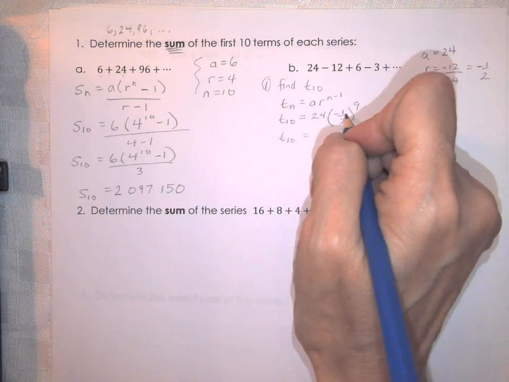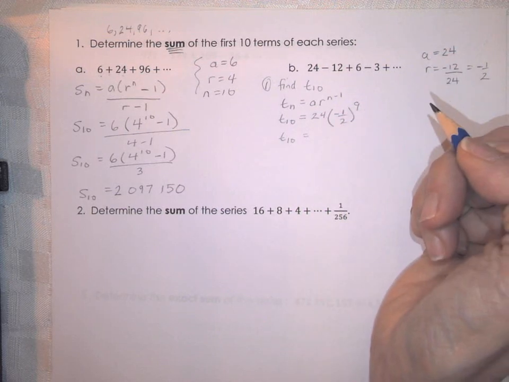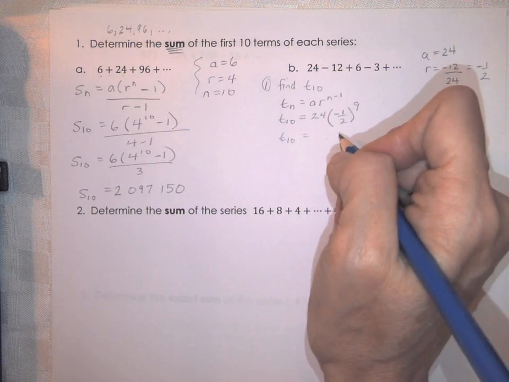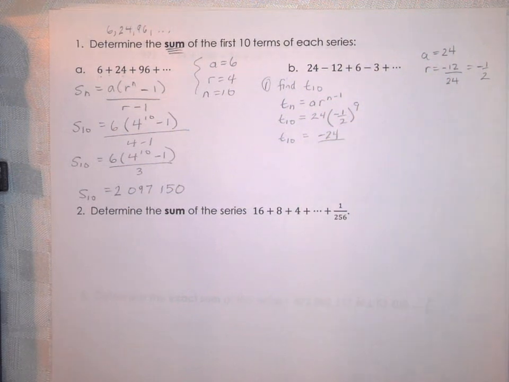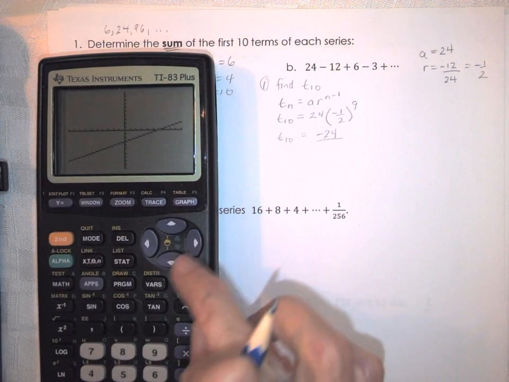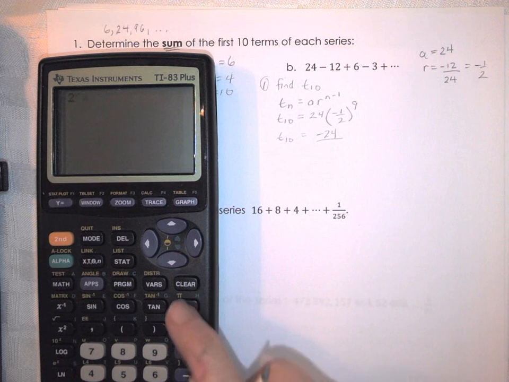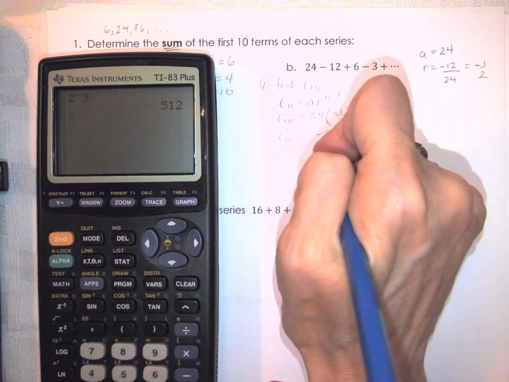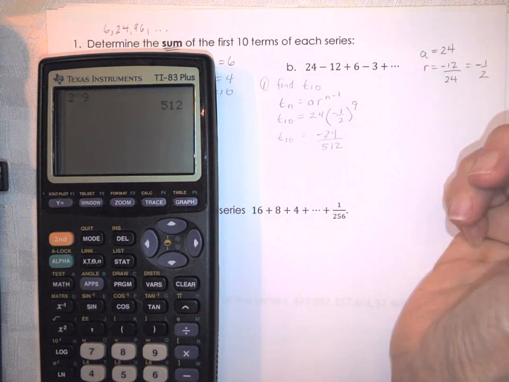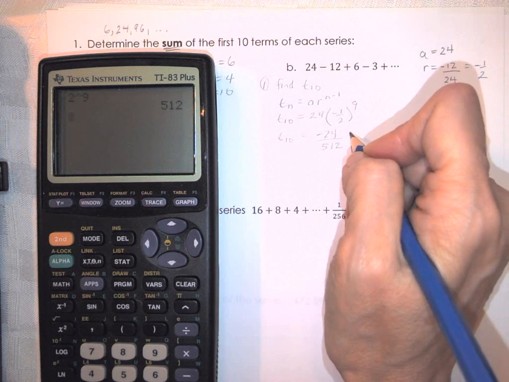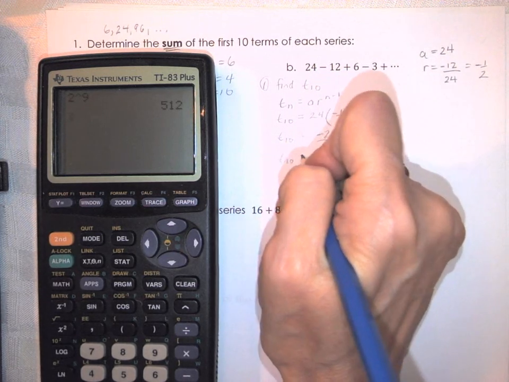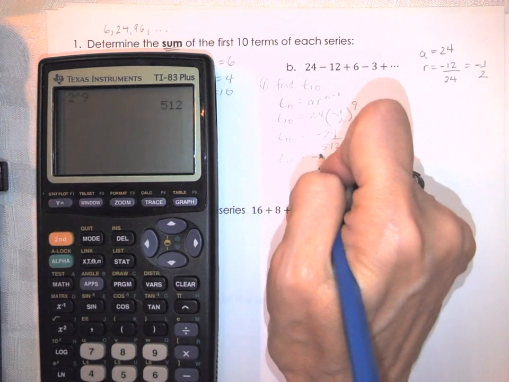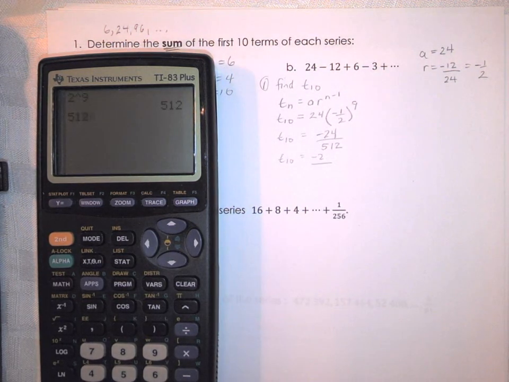Remember the 9 applies to the negative 1. Negative 1 to the 9th is negative 1, times 24 is negative 24. And 2 to the 9th I would need to do on my calculator, 512. And I know I can divide each of those by 12, which is going to give me negative 2, 512 divided by 12.